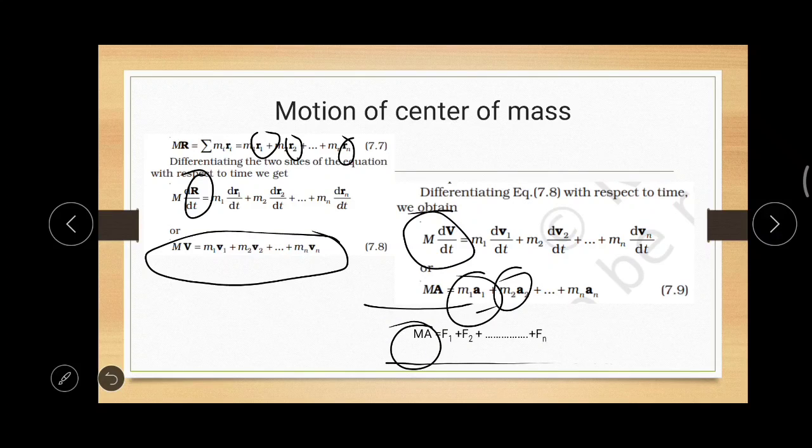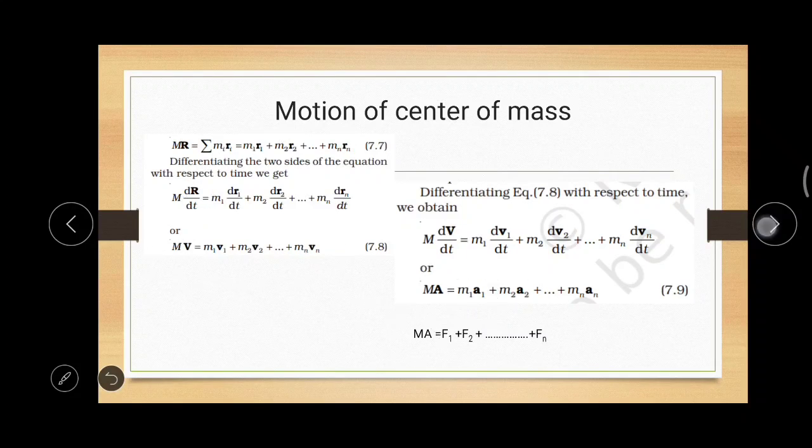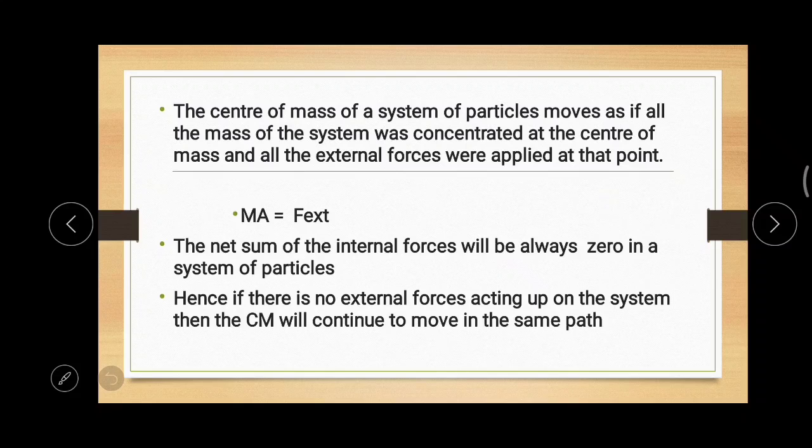Up to Fn, where F1 is the external force acting upon particle 1, F2 is the external force acting upon particle 2, and Fn is the external force acting upon the nth particle. Now, why this external force?